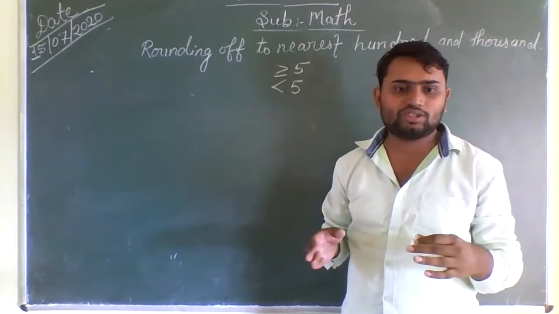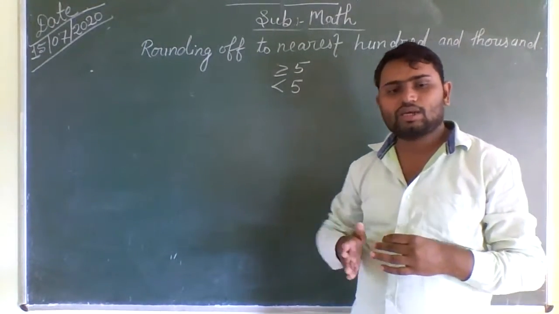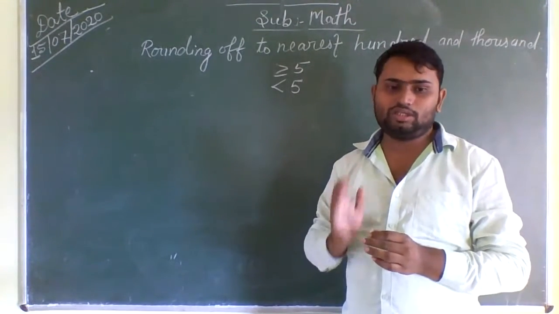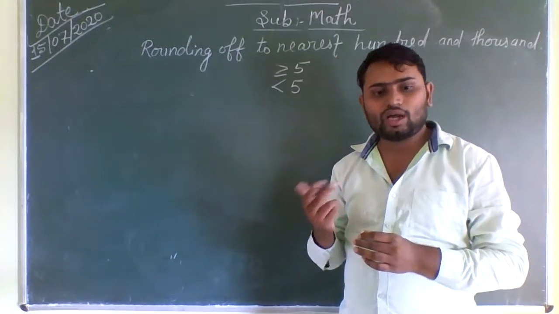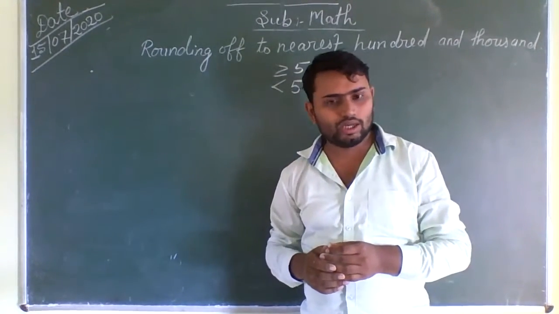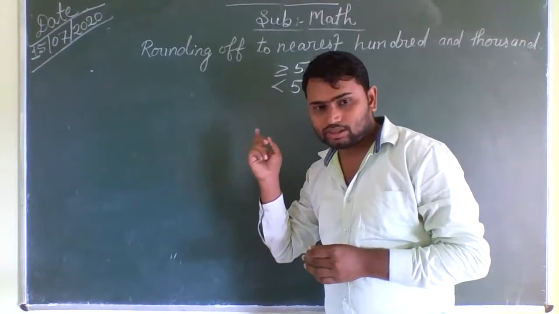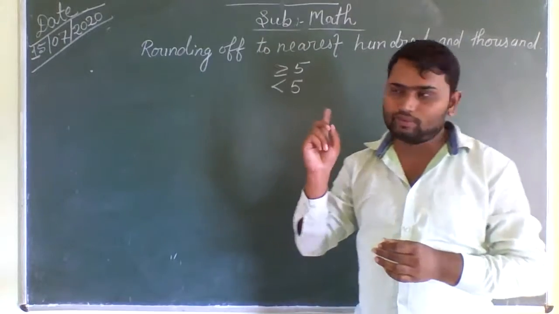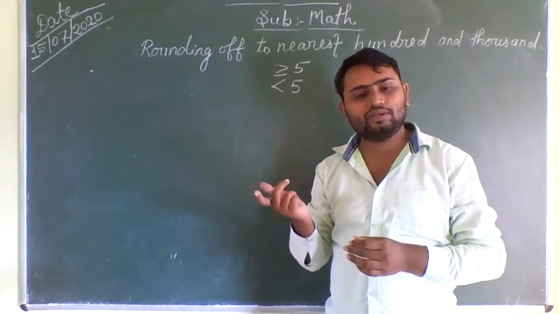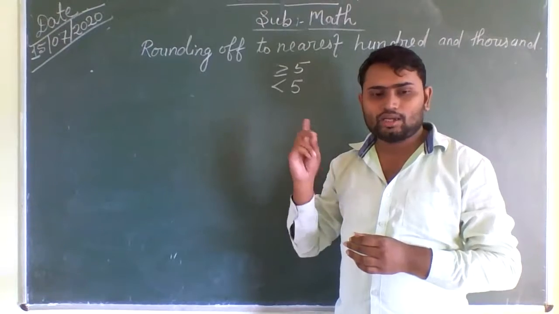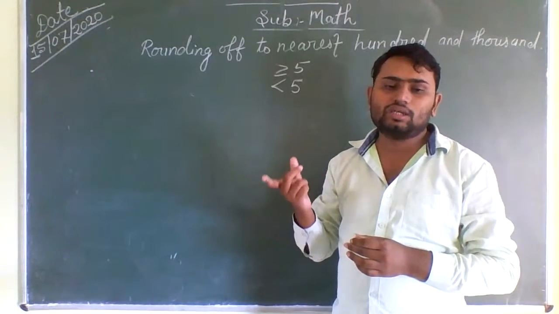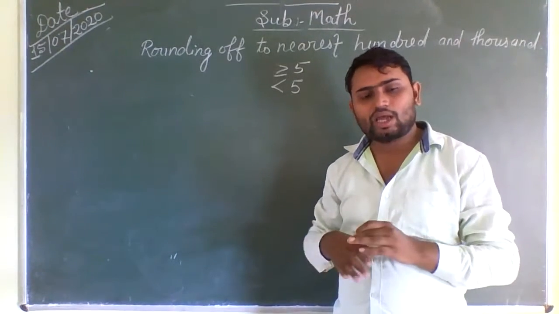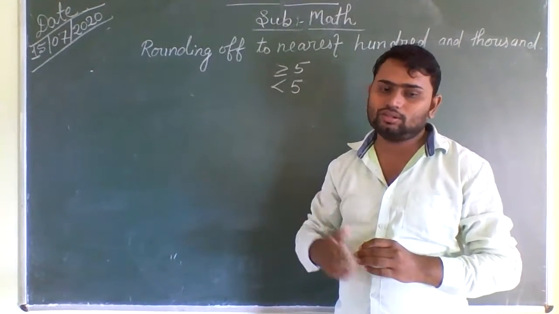We will write the digit as it is, and after that we will put two zeros.